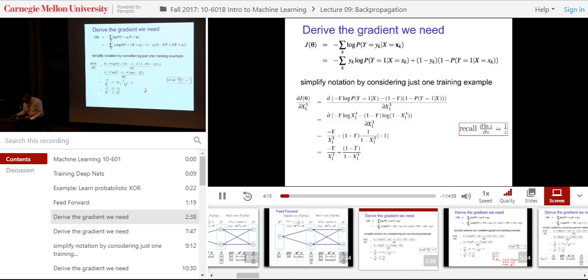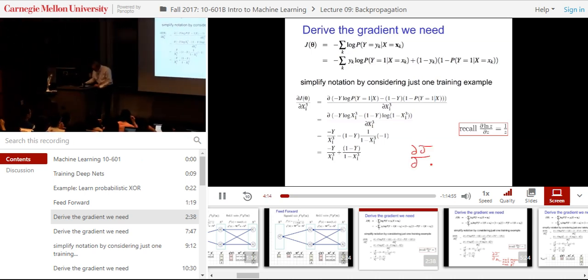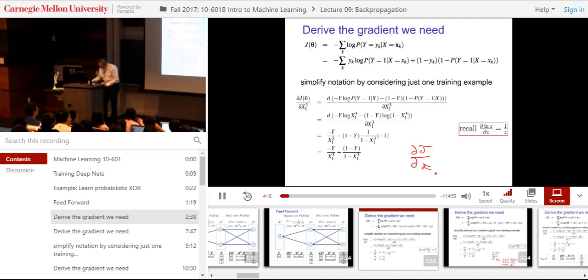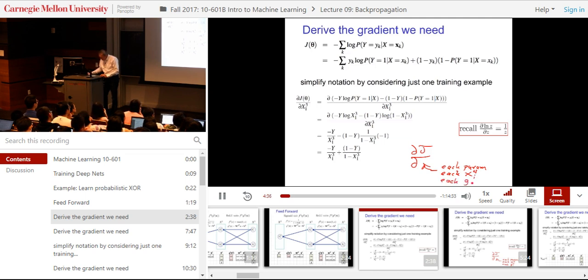Okay, so in fact what I'm going to do is get the derivative of j with respect to each of the parameters, but also each x sub n sub i, and also each g sub n sub i.